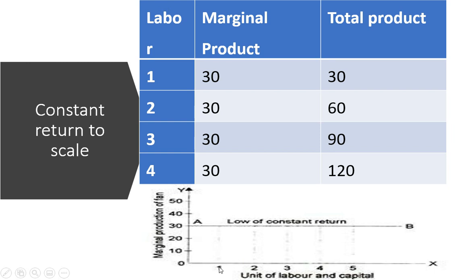When we have hired the first laborer, it will give us 30 units of output, and when we have hired the second laborer, it also gives us 30 units of output, and then the third, fourth and fifth laborers. And when we join all of these points, it will give us the marginal product in the case of constant returns to scale, and this is called the law of constant returns to scale.